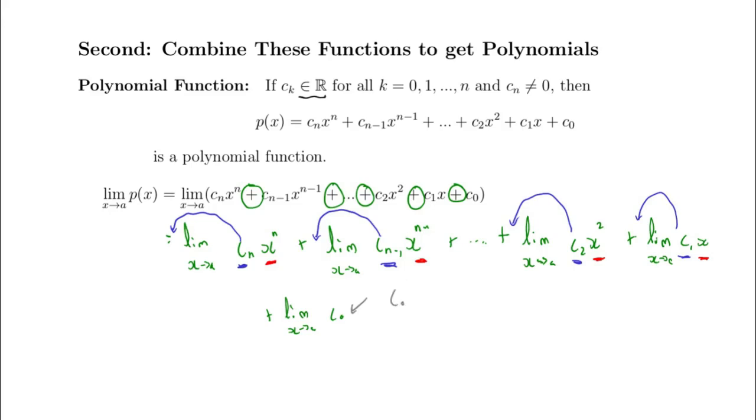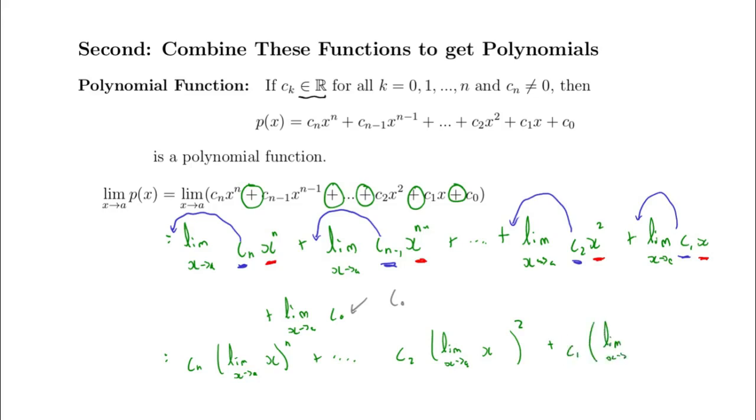All right, so let me write out what this is. I'll try and write a little bit smaller so I can fit everything. We're going to have c sub n times the limit as x approaches a of x raised to the n, plus all of the same kinds of things until we get down to c sub 2 times the limit as x approaches a of x squared, we'll square the whole limit, plus this c sub 1, oh boy, here we go.